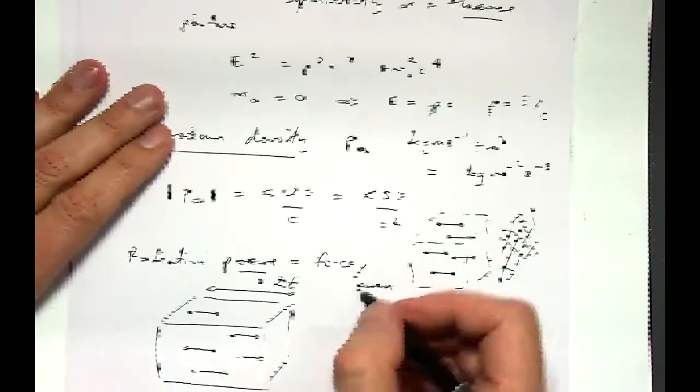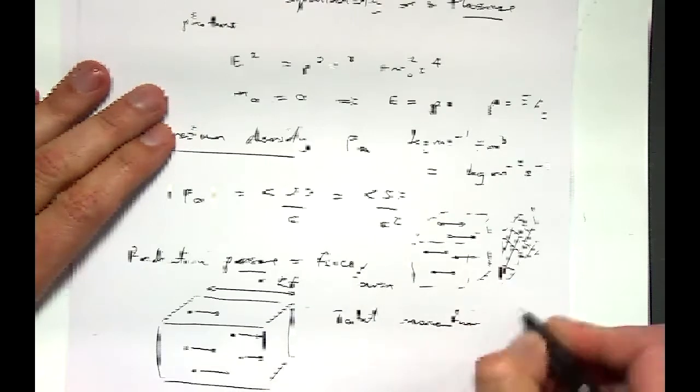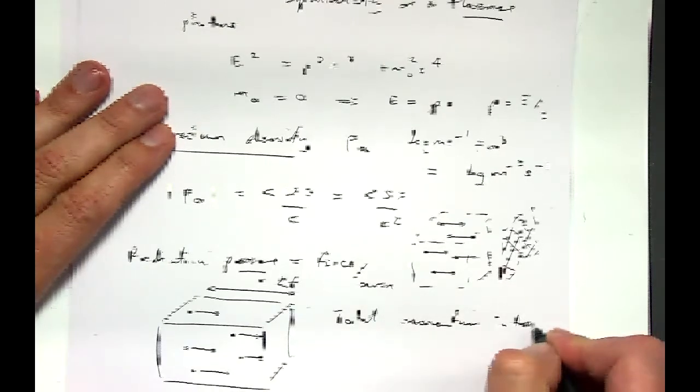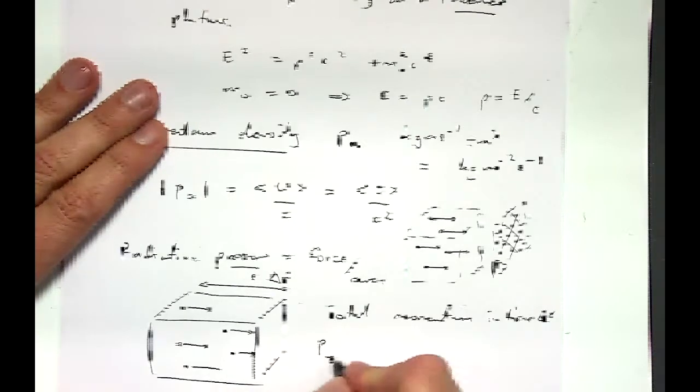So the total amount of momentum given to that surface on the end, the total amount in that time delta t, I'm going to call it P subscript t.